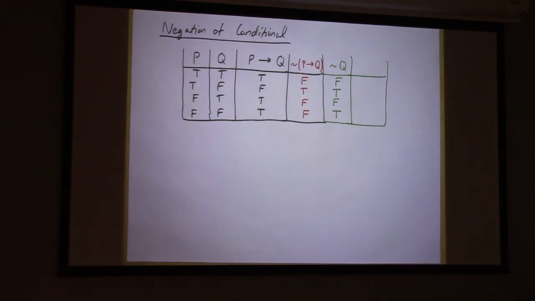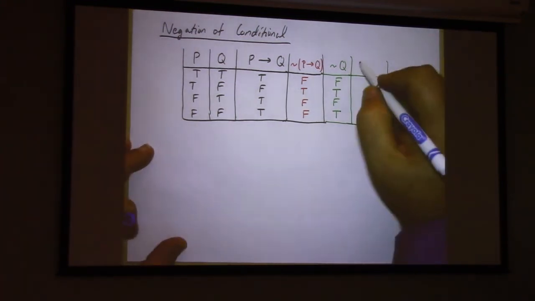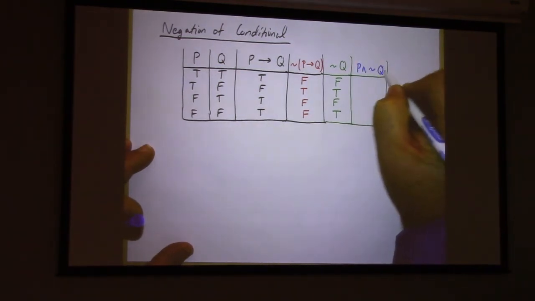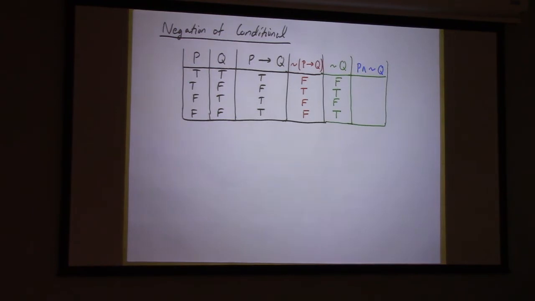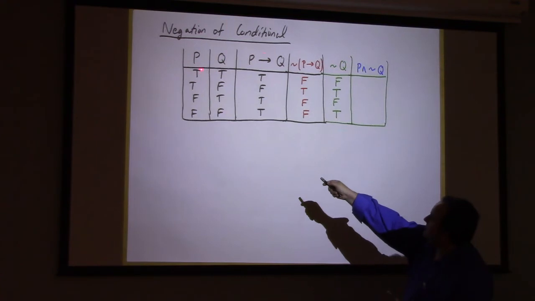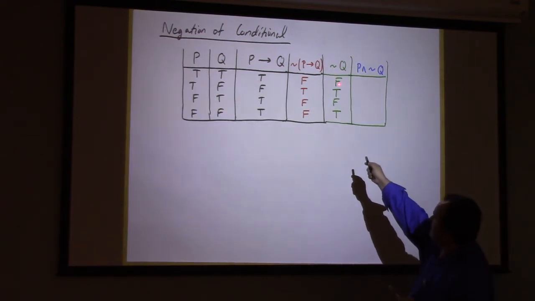And then we're going to put in a last column here. The last column will be P and not Q. Okay, so you guys help me out. P and not Q, what do we need to look at there to figure out that? I look at the first column and the next to last column.